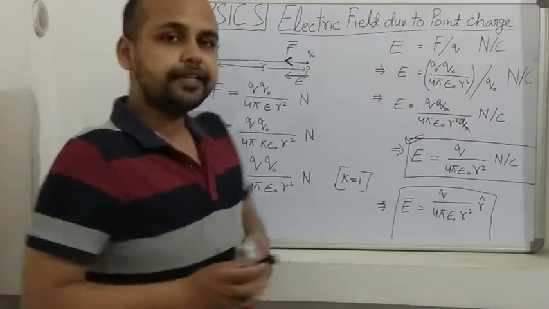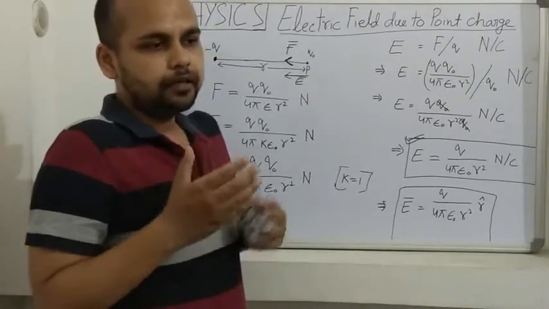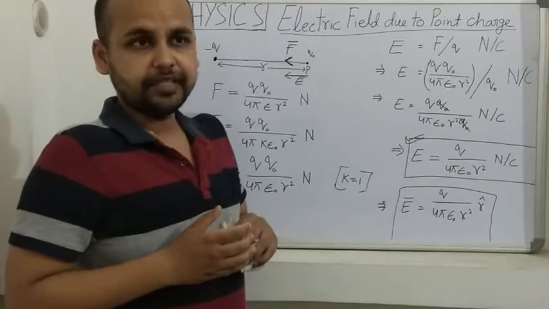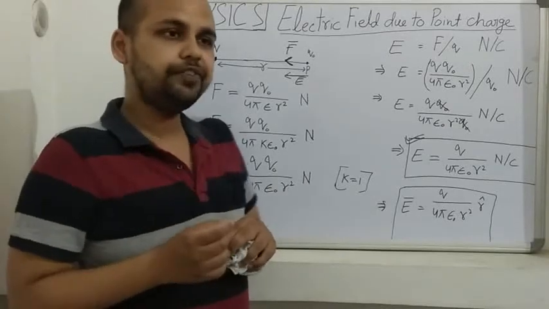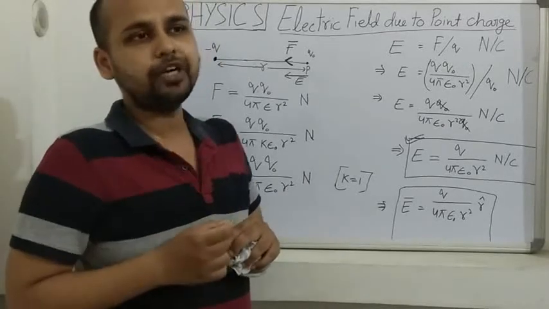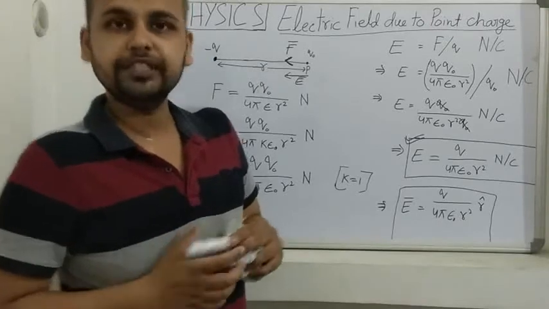Now if we are considering a group of point charges, then what will be the net electric field at any arbitrary point P? We are going to see that.